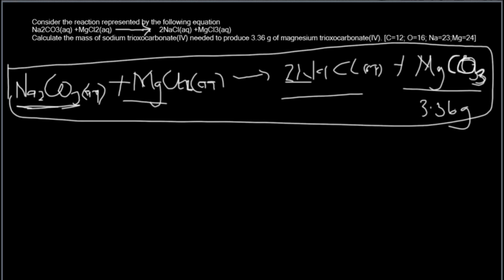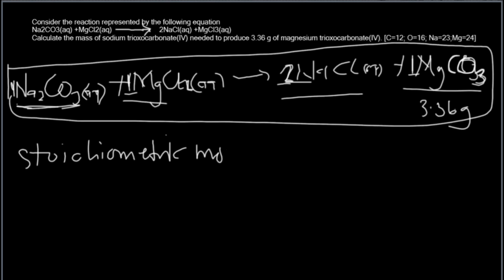So sodium trioxocarbonate is only one because there is no value. Magnesium chloride is 1, sodium chloride is 2, and magnesium carbonate is 1. These moles that are found in front of the compound are termed stoichiometric moles.